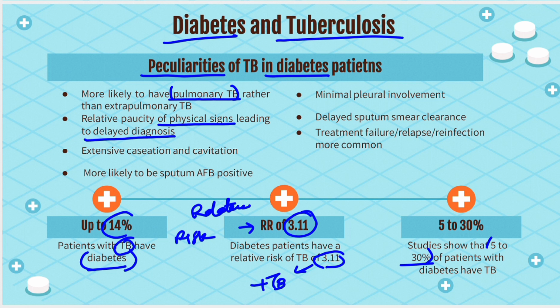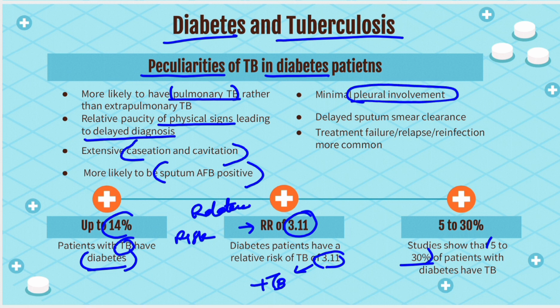This TB is with extensive consolidation and cavitation, and usually they are more likely to be sputum acid fast bacilli positive, and there is minimal pleural involvement in such TB.